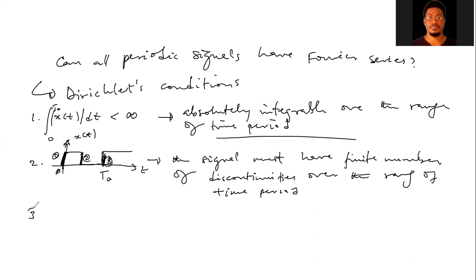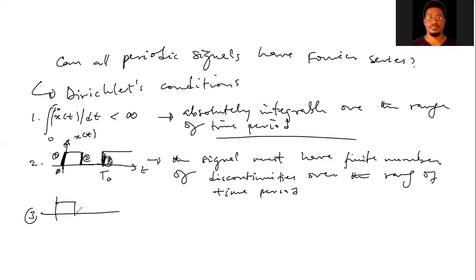Now, the third condition, a necessary condition, is on the number of maxima and minima. So it should have a finite number of maxima and minima over the fundamental time period.